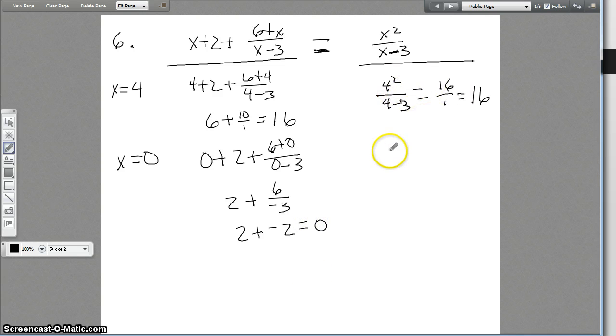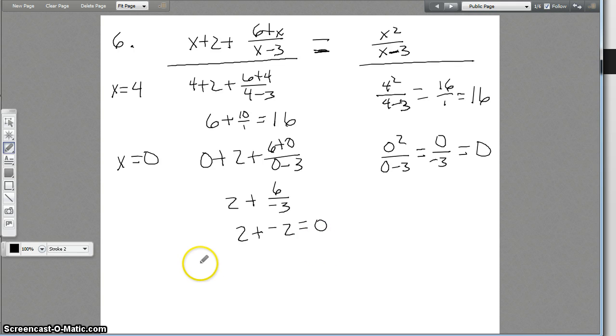If we look at our second expression, we will have 0 squared over 0 minus 3, which is 0 over negative 3, and that is 0. This is not undefined. It's only undefined when 0 is in the denominator, and we don't have 0 in the denominator. We have negative 3.